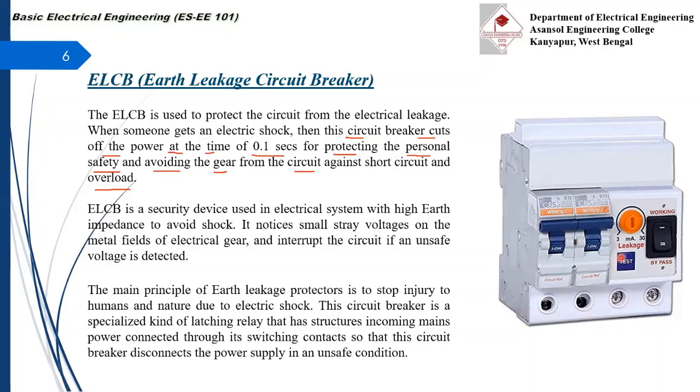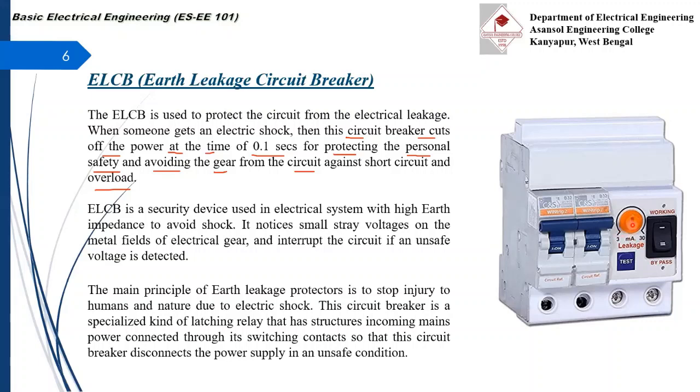Now here there is one orange color button you can see. By using a screwdriver, you can move it to set the leakage current level. You can see that the leakage current level starts from 3 milliampere to 30 milliampere.